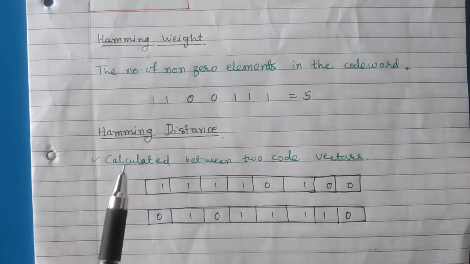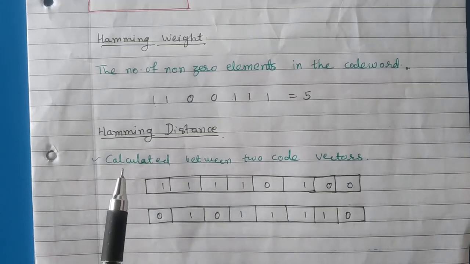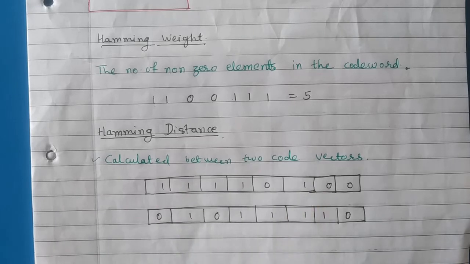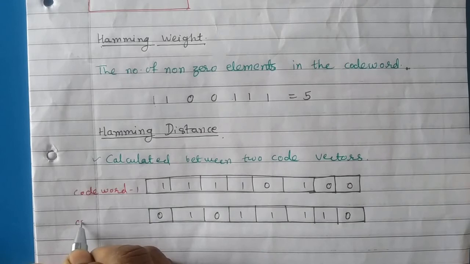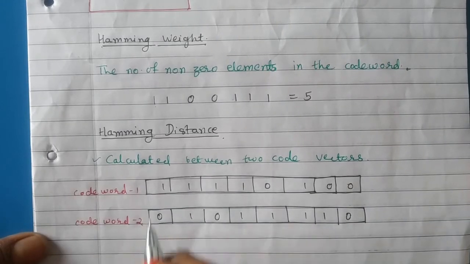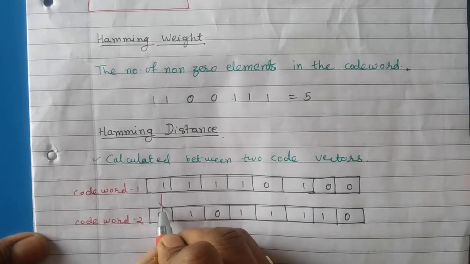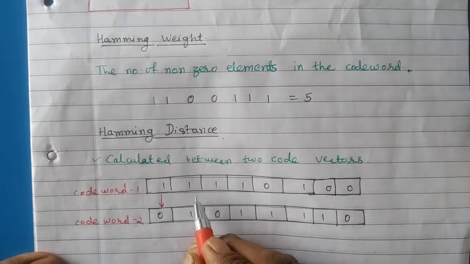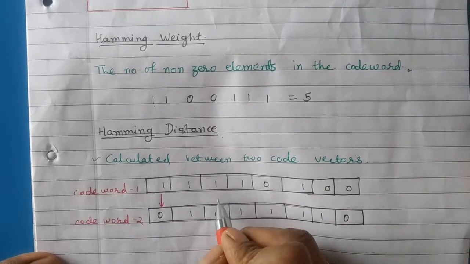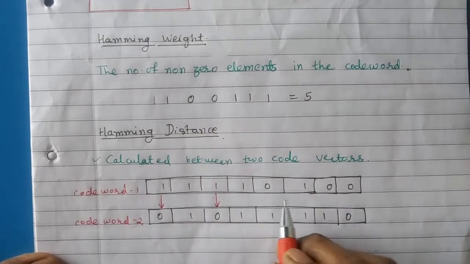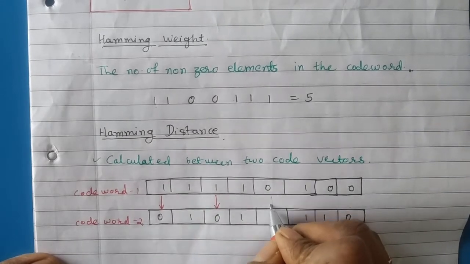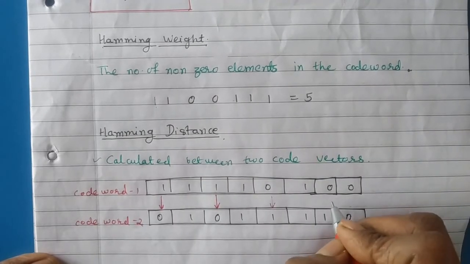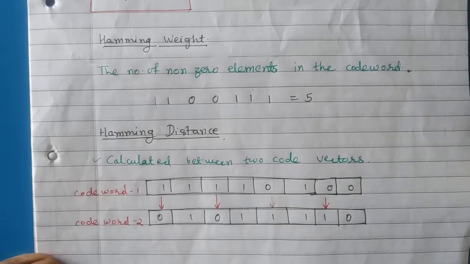Hamming distance is always calculated between two code words. Now consider these two code words, code word 1 and code word 2. How do these two code words differ? They differ in the first bit, the second bits are the same, the third bits differ, the fourth is the same, the fifth differs, the sixth is the same, and the seventh differs.